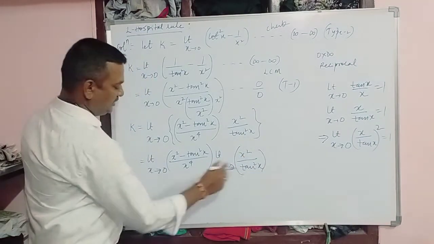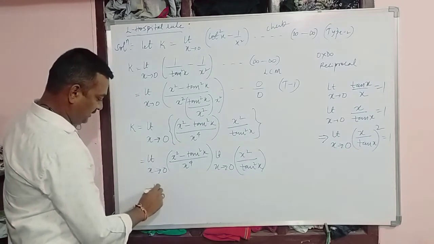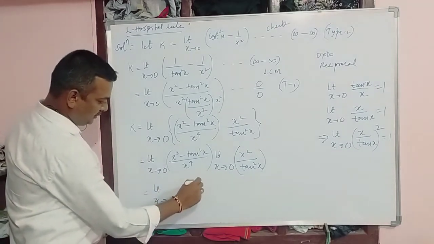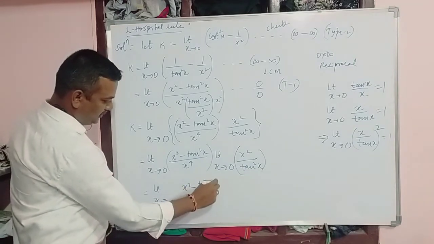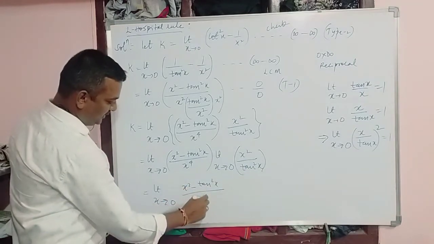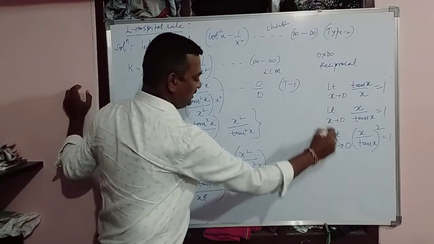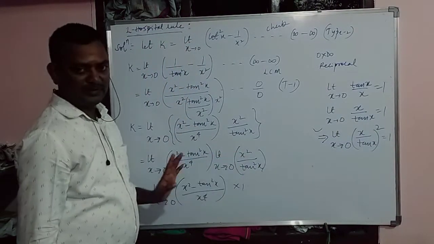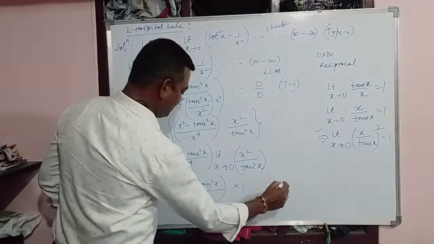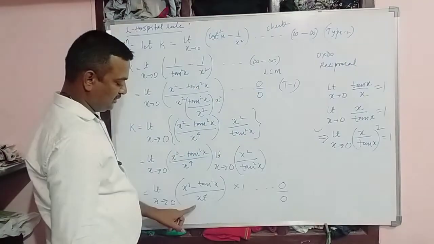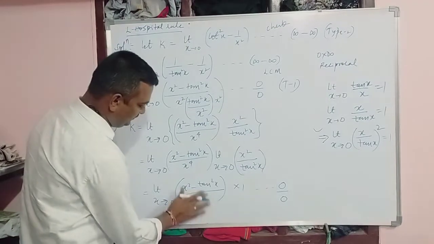So now this is equal to limit as x tends to 0 of x square minus tan square x divided by x raised to 4, and the second limit's value is 1 by using this. Now once again, this is 0 by 0 form, 0 minus tan 0 is 0, divided by x raised to 4.